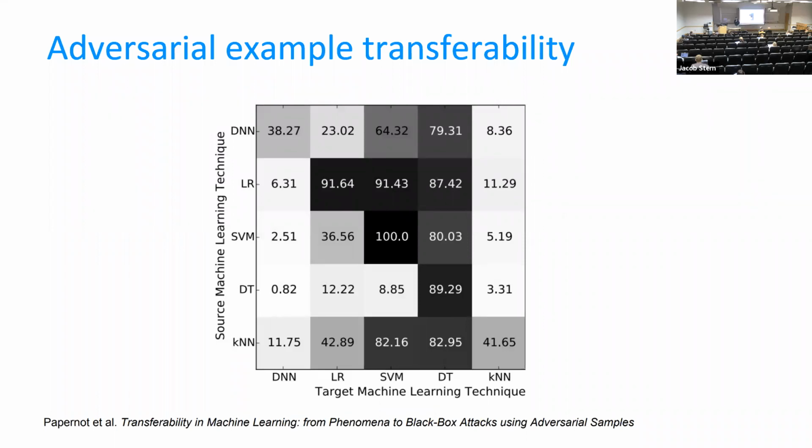And so once you push one of those decisions in one direction, then it's pretty easy to know how to confuse a decision tree. Are any of you surprised that an adversarial perturbation designed for a neural network was able to fool a support vector machine or a decision tree?